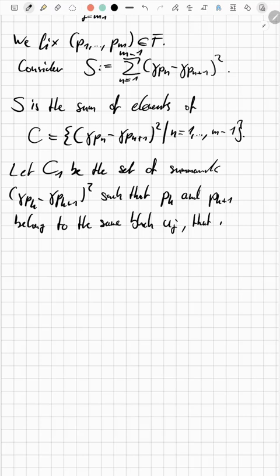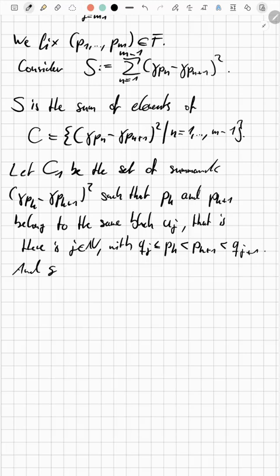That means that there is a j element n with qj less than pk plus 1, and this is less than qj plus 1. Okay, so if you don't remember what this means, go check out again the definition 1.19 at the end of the third video.